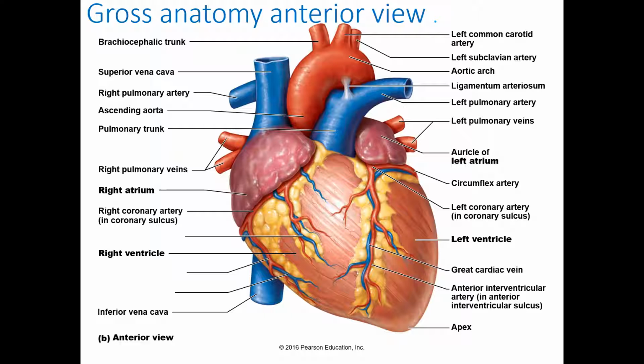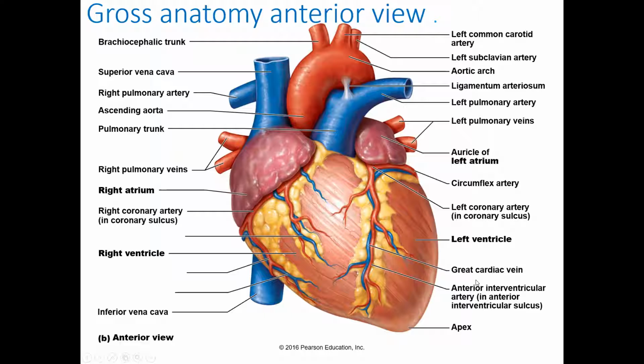Over here, the left coronary artery, because if you've got a right, you're going to have a left. The left coronary artery is in the coronary sulcus. These are very, very important landmarks for our heart, to know your way around the heart, to know what these large veins and arteries are called.